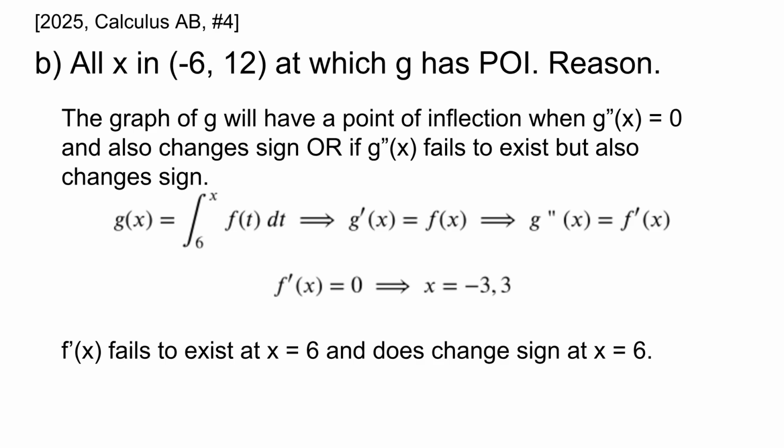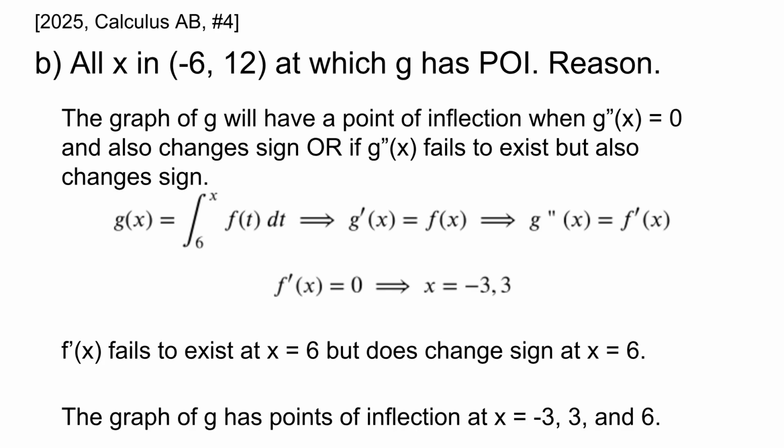And we note that f prime of x fails to exist at x equals 6 and does change sign at x equals 6. From this, we can conclude that the graph of g will have points of inflection at x equals -3, +3, and +6.